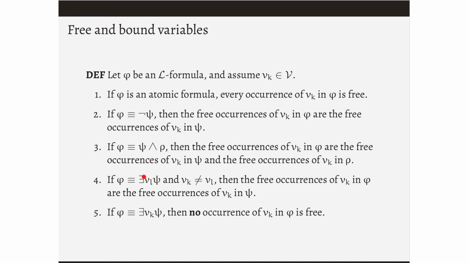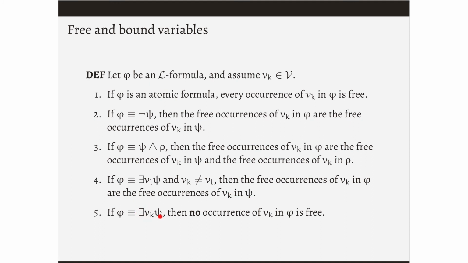The interesting case is, of course, if some quantification occurs. The first case is actually the easy one. If we quantify over a different variable, let's say vl, that's not equal to vk, then the free occurrences of vk, because we're only defining the free occurrences of vk in the formula, will not change. Those remain the free occurrences, so they are the free occurrences of vk in psi.